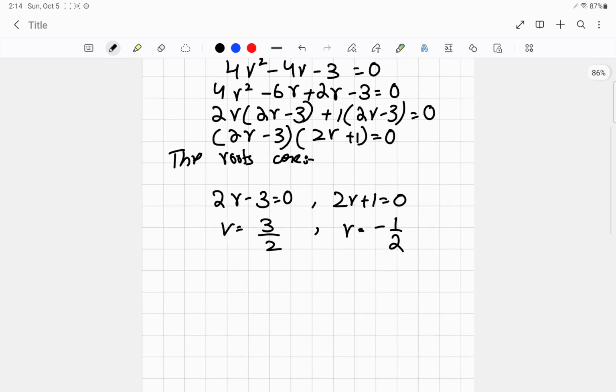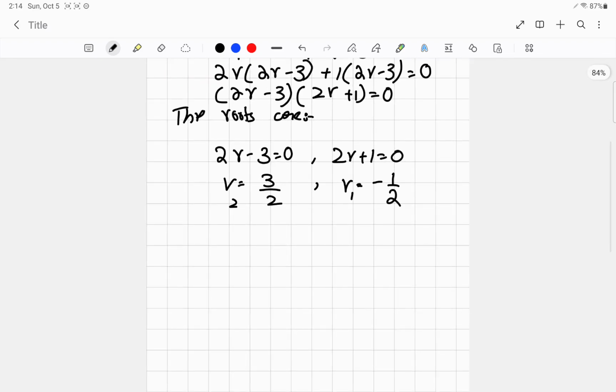Now we have the solution. Since we have two distinct real roots, r1 does not equal r2, they are two real and different roots.